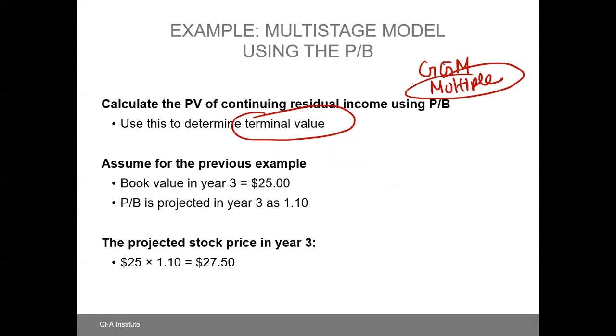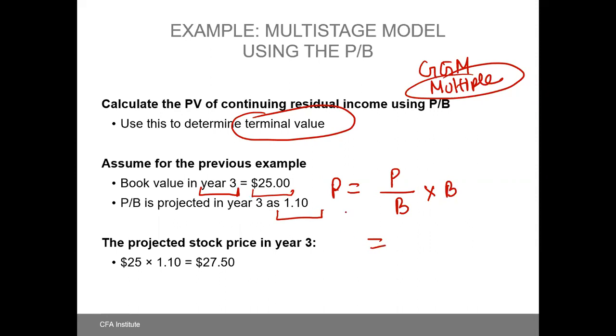And you see that the book value in year 3, at the final year of our growth, is 25. Okay, and price to book value is projected in year 3 as 1.1. So how can we come up with a price if we have the price to book value and also the book value?